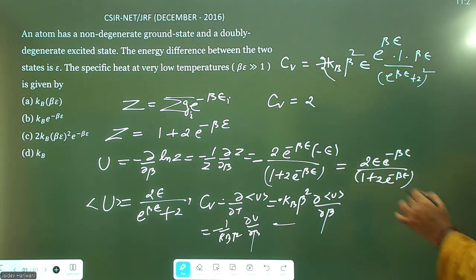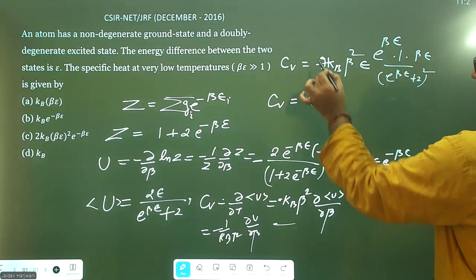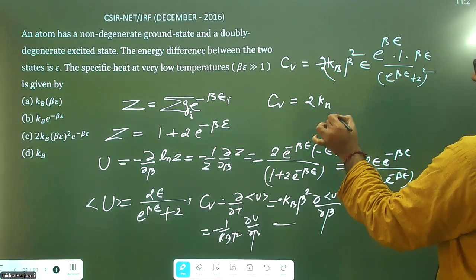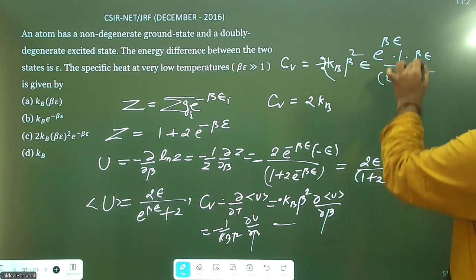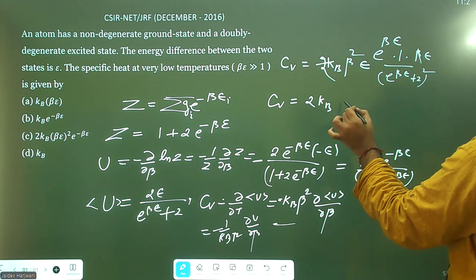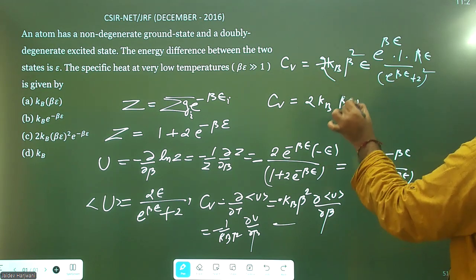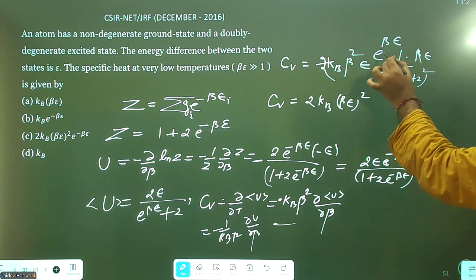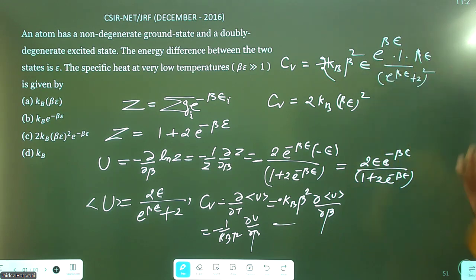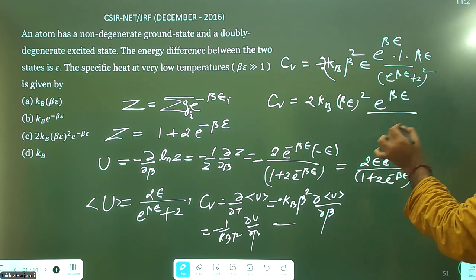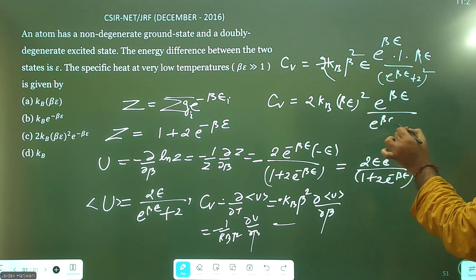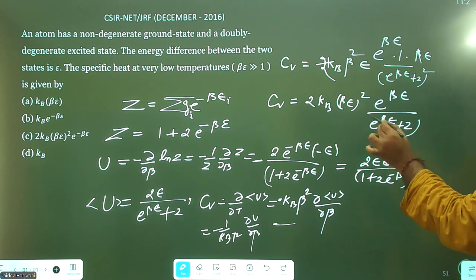So 2 k_B E, and E again, because I'm differentiating with respect to beta only. So this becomes beta E square, and then you have e to the power beta E upon (e to the power beta E plus 2) whole square.